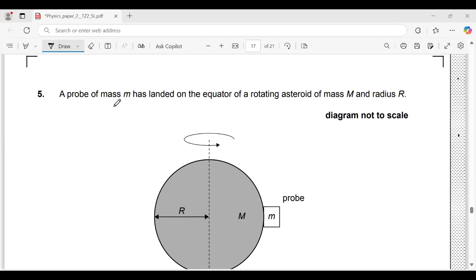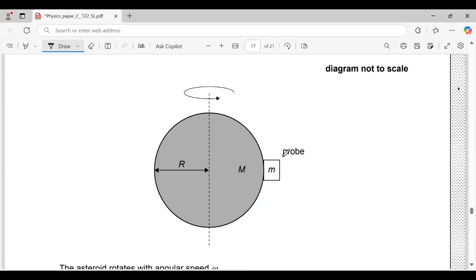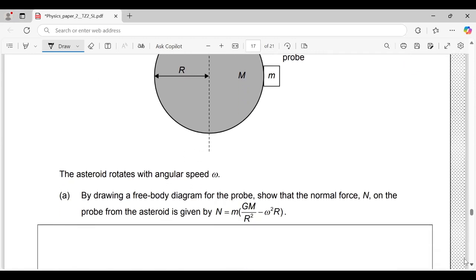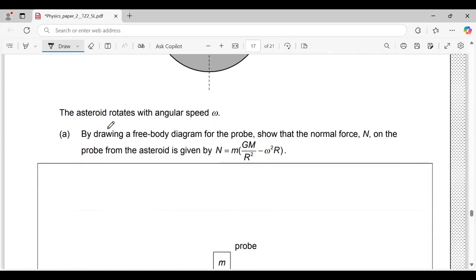A probe of mass m has landed on the equator of a rotating asteroid of mass M and radius R. This is the probe landed on this asteroid. The asteroid rotates with angular speed omega.